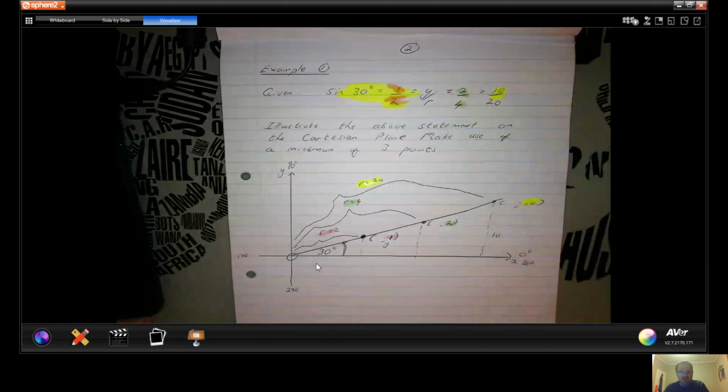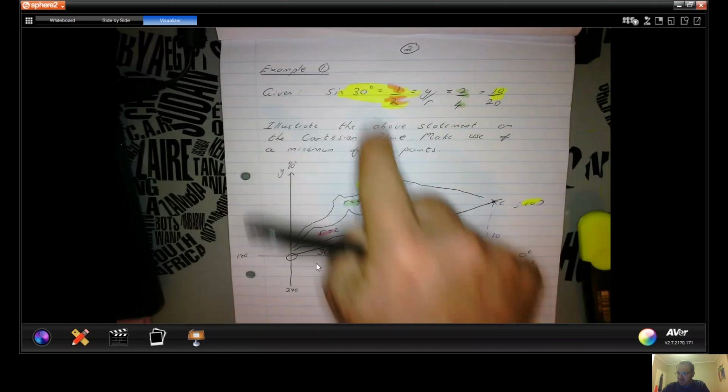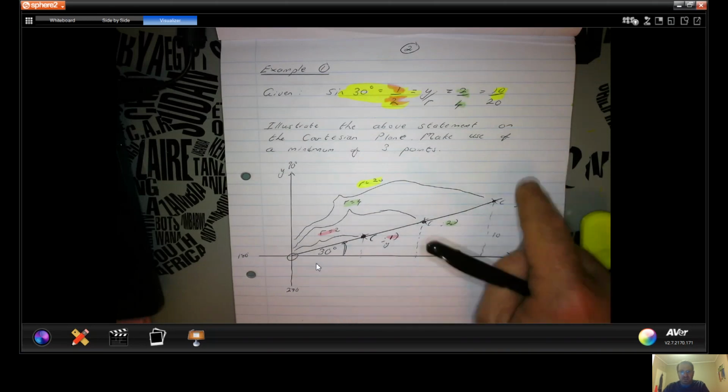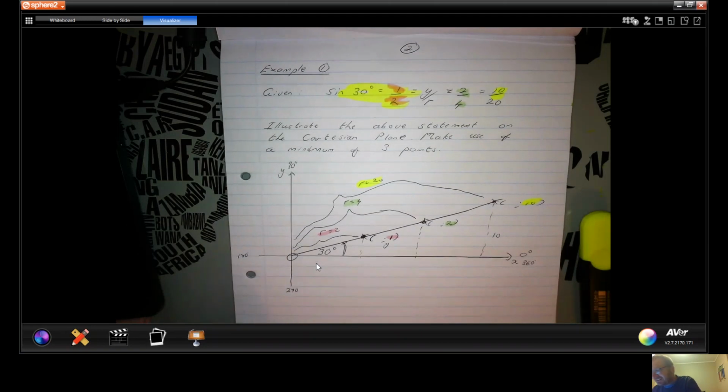So those are 3 points, 1, 2, and 3. All 3 of them are illustrating that sine 30 is equal to a half, that the y-coordinate over the radius is equal to a half. Not just for 1 over 2, it could be 2 over 4, 10 over 20, 1,000 over 2,000, a million over 2 million, but for 30 degrees, that ratio is staying fixed.